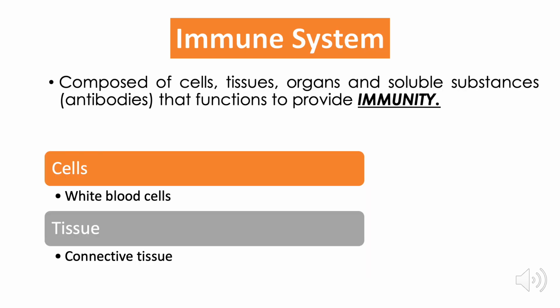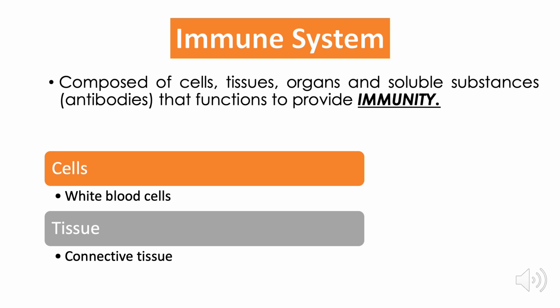The immune system is composed of cells, tissues, organs, and even soluble substances that can generate immune responses and provide us what we call the state of immunity. When you say immunity, this is the ability of our body to resist an infection.